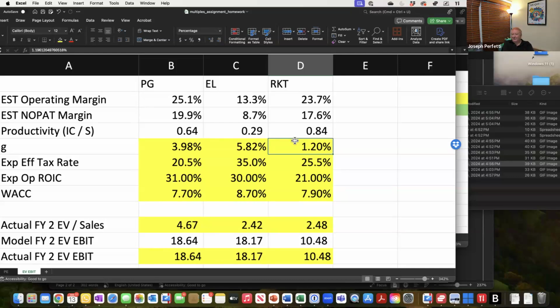Okay, so that would be the permutation, but that's the difference in the way you would have to explain it in the math. And as I said, when you start to do that, it's harder to believe that RKT would have the higher growth rate when you start to look at that EEO. But again, I'll accept it for this assignment, but not next week.